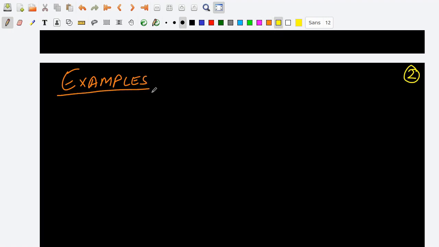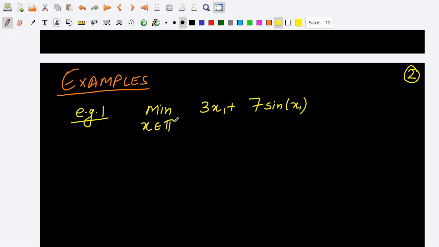So here's a very simple example. I would like to minimize the value of this function 3x1 plus 7 times sine of x1, where x is a one-dimensional vector, and this is a very simple problem.